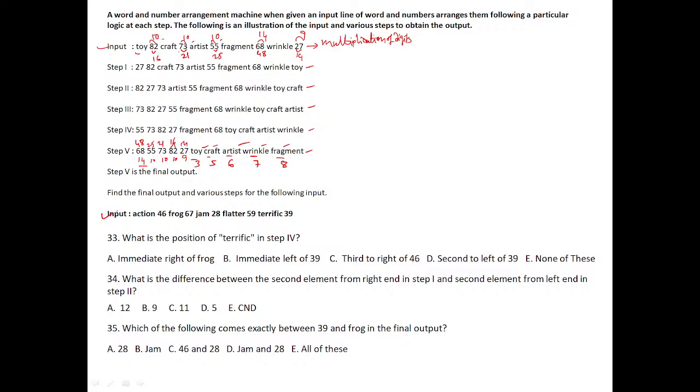Now moving to the given question here, we have to solve it out. So this is the input here: action 46, this is frog, this is 67, this is jam, this is 28, this is flattered, this is 59, this is terrific, this is 39.